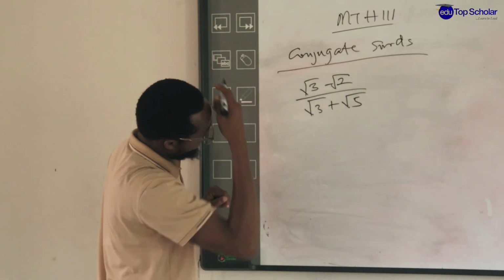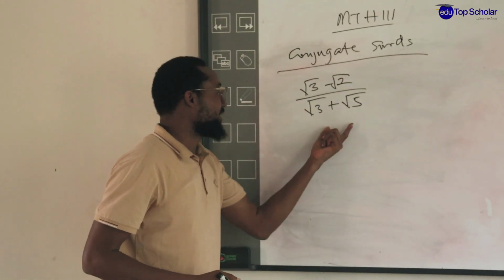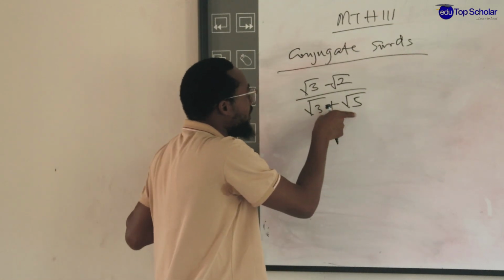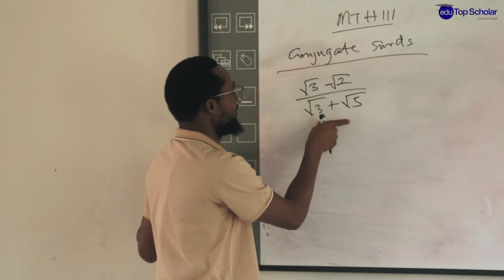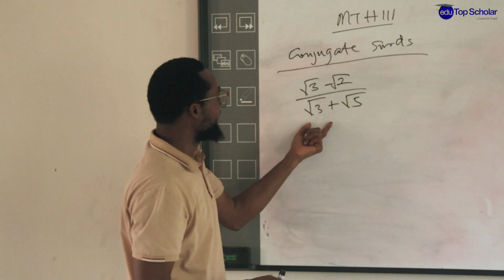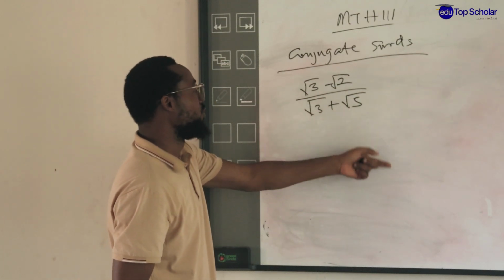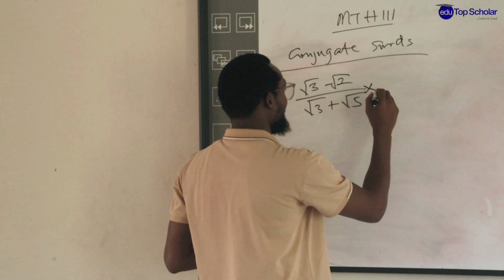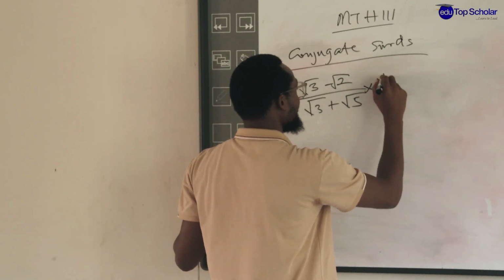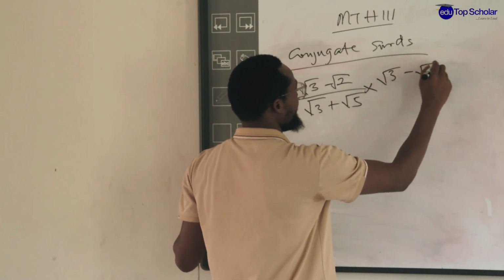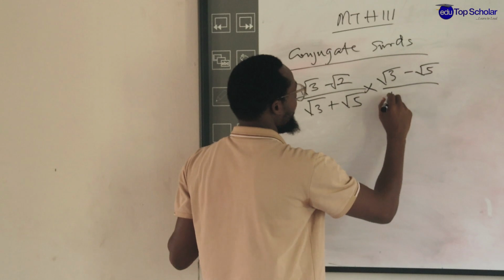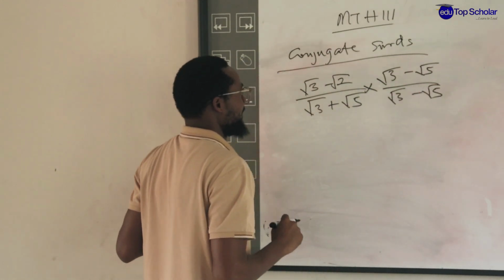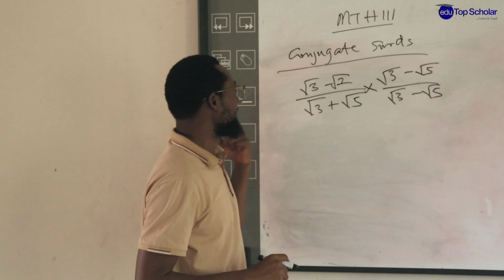If I want to rationalize this, what do I do? I take the conjugate of the denominator. The conjugate of my denominator is root 3 minus root 5. We use that to multiply both the numerator and the denominator as presented. This will be root 3 minus root 5 over root 3 minus root 5. So we just have to expand this, and that will be all.